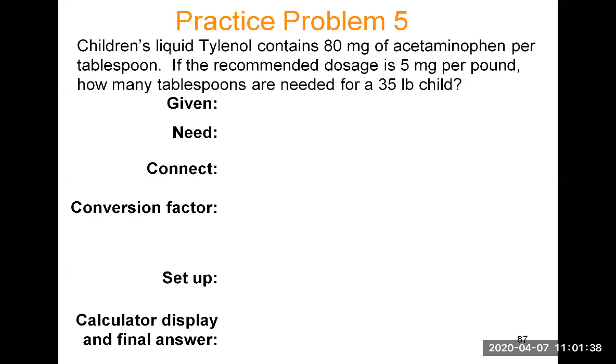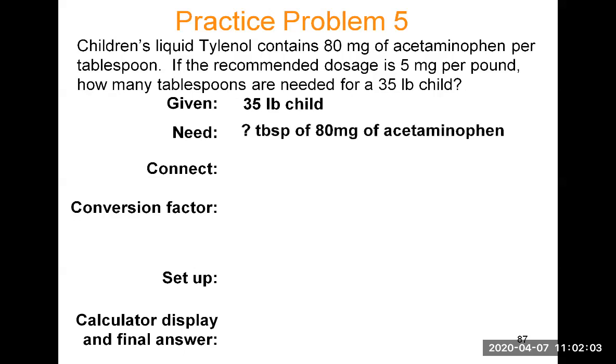So this should be seen as your given amount. That's what you start with. It's the patient you have in front of you. And the question is asking how many tablespoons of Tylenol, with 80 milligrams of acetaminophen per tablespoon, you should give.